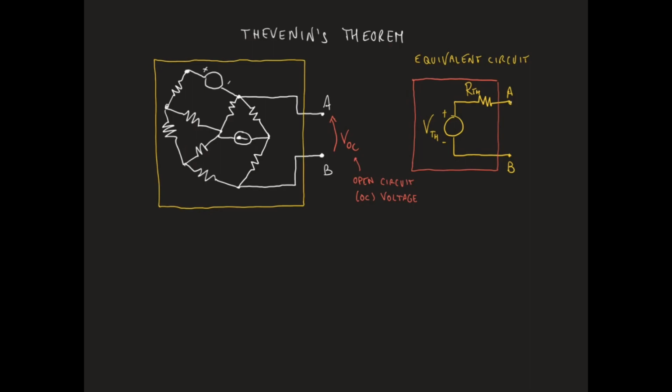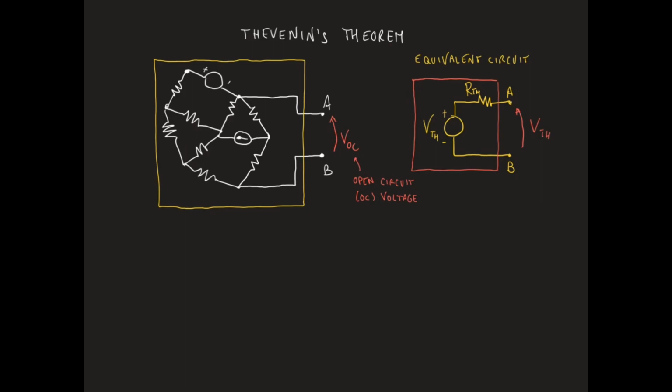Now, if A and B are not connected together, there will be no current flowing through the circuit, and then there will be no voltage drop across RTH due to Ohm's law. So the open circuit voltage between A and B in the equivalent circuit will be simply the voltage from the Thevenin voltage source.